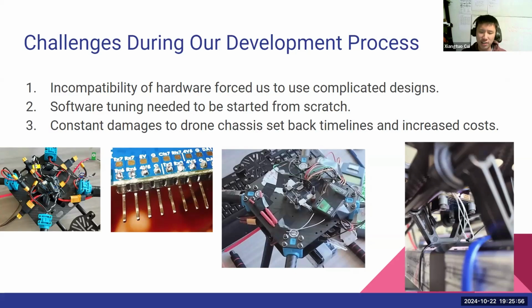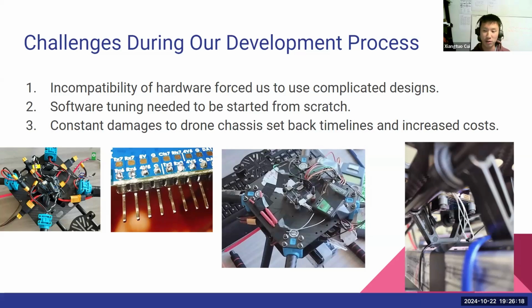So one significant challenge that appeared early during our development phases was hardware incompatibility. As mentioned previously, to minimize costs, we opted not to purchase a full kit, but instead sourced individual components. But once we received these parts, we quickly discovered that many of them were incompatible.